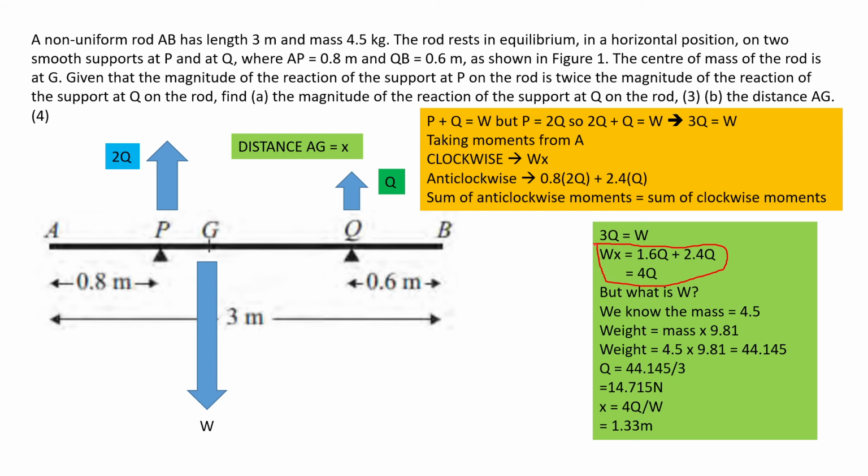Because you've worked out Q is 14.715 and W is 44.145, put that into the equation and you should end up with X is equal to 1.33.